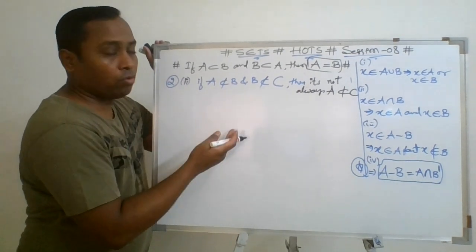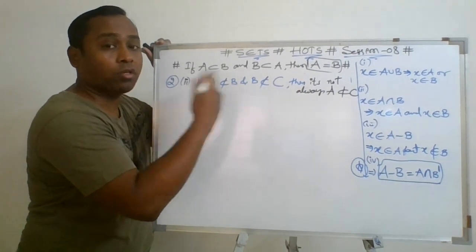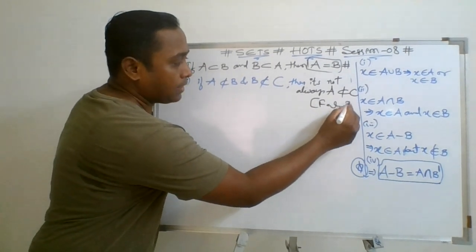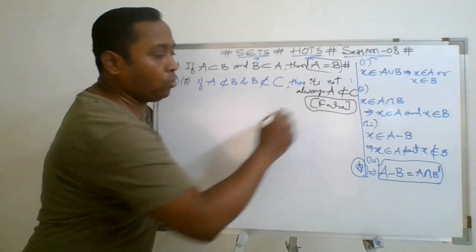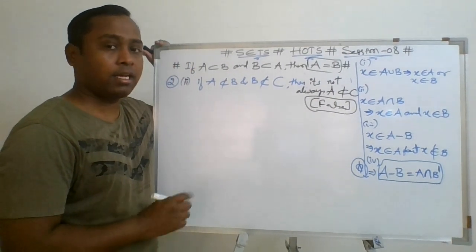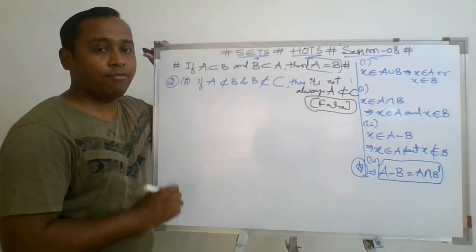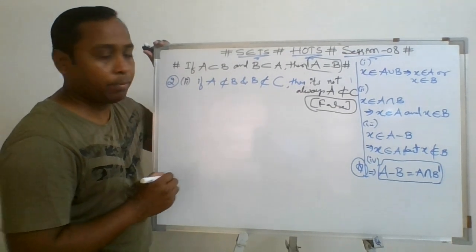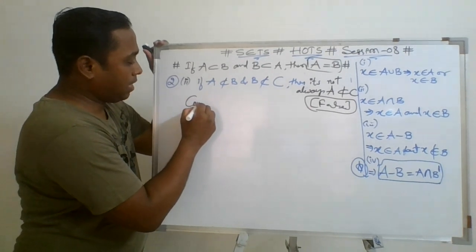So to show this type of statement, not always, means we have to prove this statement is false. Remember, to prove any statement false in a mathematical context, we use the unique and best method, that is the counter example method.